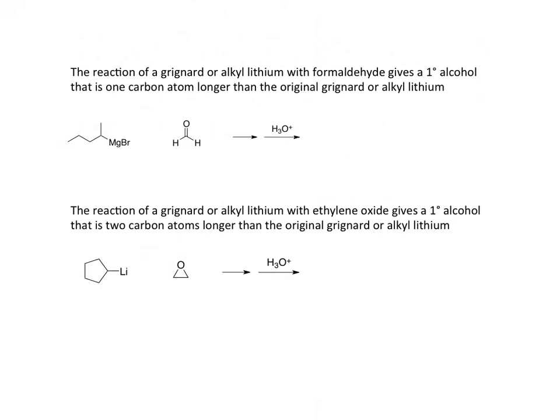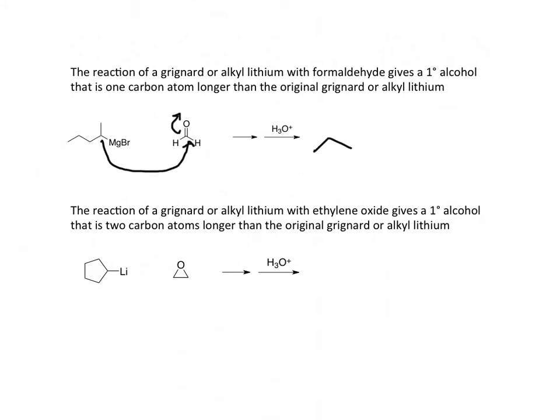Finally, if I want to make a primary alcohol, I'm kind of limited in my choices. My aldehyde cannot have any R groups on it, so I'm stuck using formaldehyde, which contains no extra R groups. So if you take a look at the mechanism, let's have the Grignard attack right there. Electrons go up.